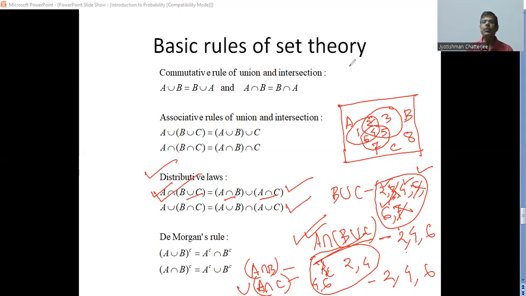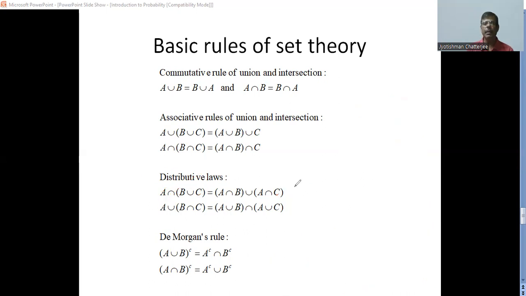How do you remember these rules? Let me clear this drawing. Say, if you treat intersection as dot and union as plus, then we know the basic rule of algebra: x into y plus z is equal to x into y plus x into z. Similar thing is happening here.